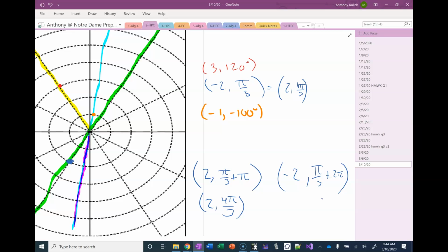What do we call those angles? Pi over 3 and pi over 3 plus 2 pi. We have a term for those angles. It starts with a C. Coterminal, right? Because they're really in the same location, because we've just gone 360 degrees around and ended up back where we started.